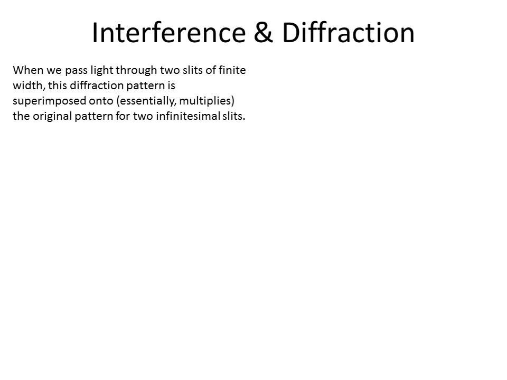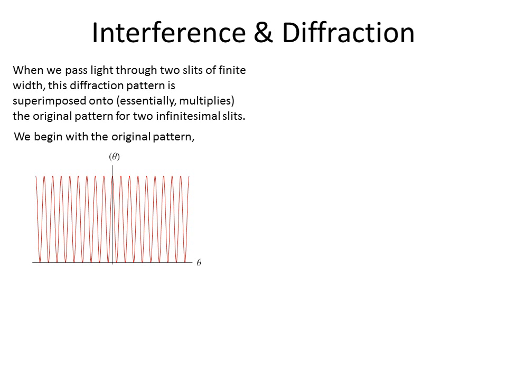Now what we're going to do is put both of these together. We start with our original double slit pattern from infinitesimally small slits, and we get this oscillatory pattern. Then we superimpose the diffraction pattern from the single slit on top, which is now in blue.